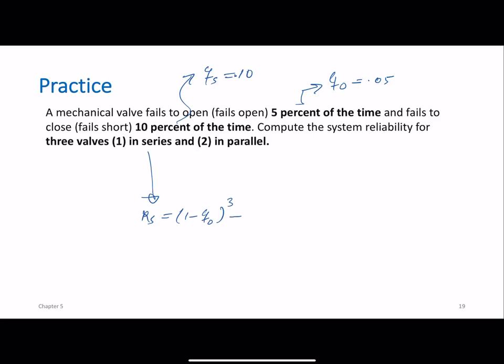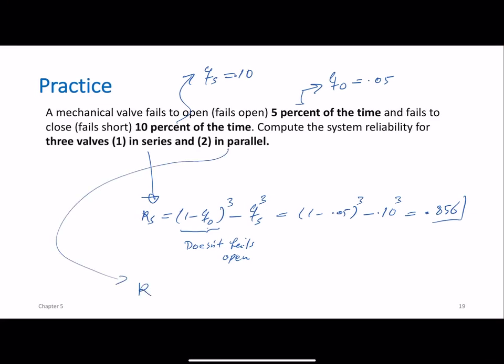So it's the power of 3 minus the probability that all of them fail short. First one fails short, and second one fails short, and third one fails short. That gives me (1 minus 5%) to the power of 3 minus 10% to the power of 3, and that is 0.856.